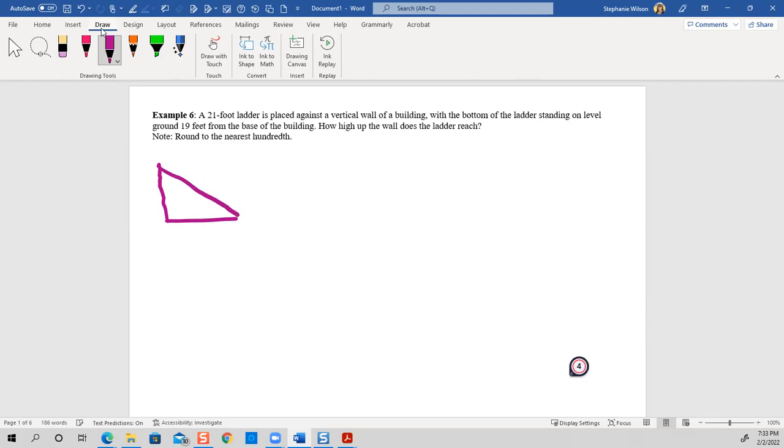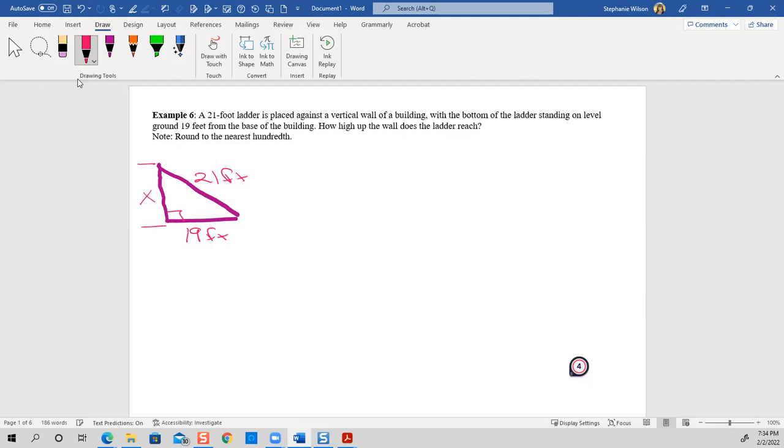If you will notice, there is a right triangle. This, drawn correctly, would have a 90 degrees right here. It represents a right triangle. We have this height here, and I'm going to call it X. And when we look, it said that from the ladder to the ground, we have 19 feet, and then it is a 21-foot extension.